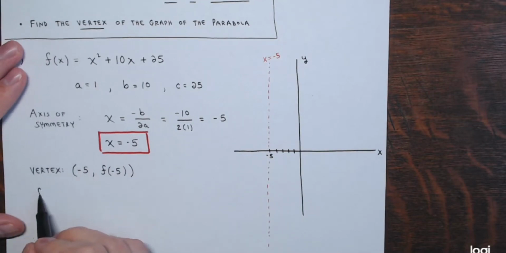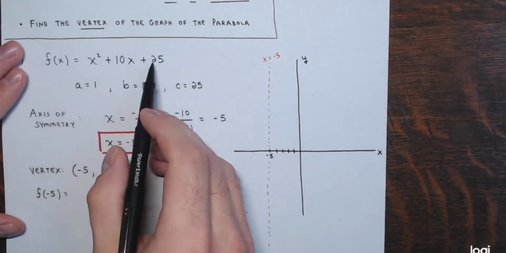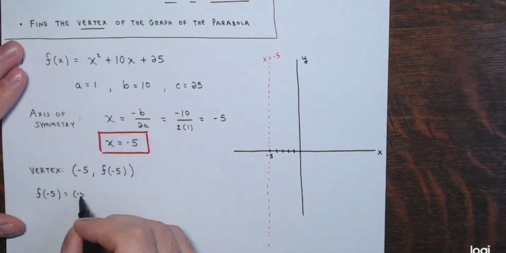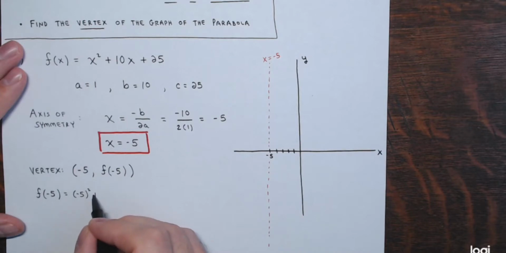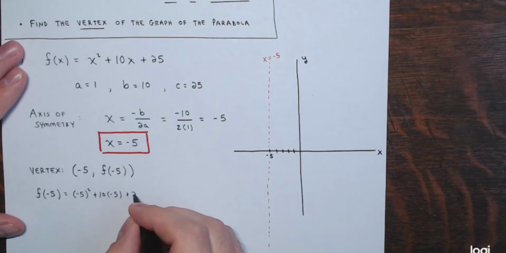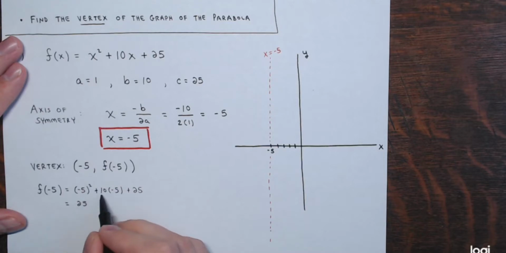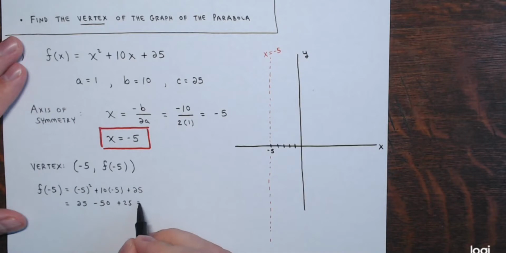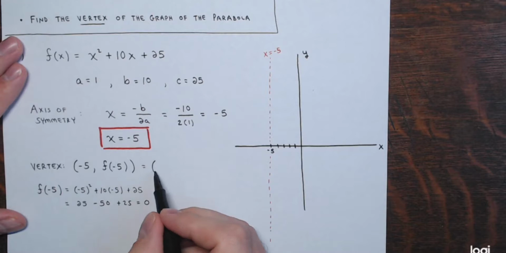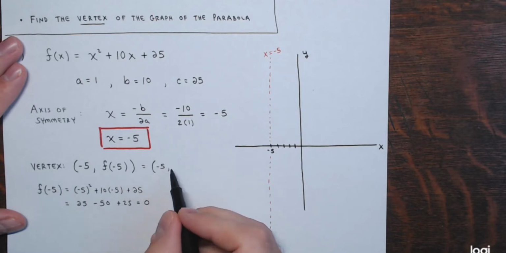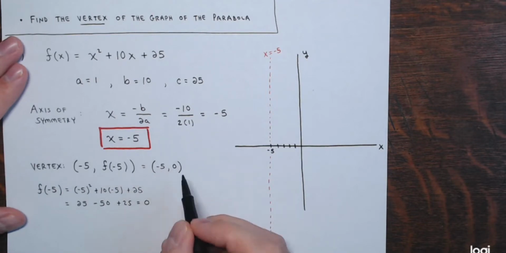So what's f of negative 5? According to this rule, negative 5 to the second power plus 10 times negative 5, and then plus 25. Well, this is 25 minus 50 plus 25. This is 0. So the vertex has coordinates negative 5 for the input, 0 for the output.